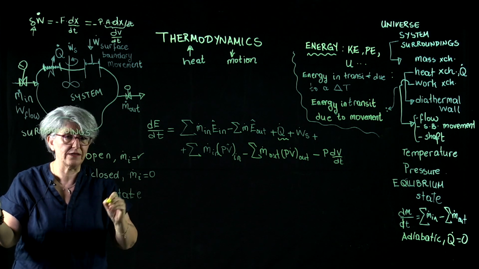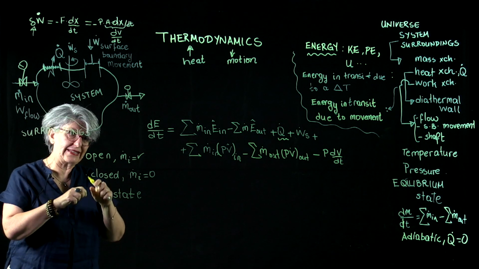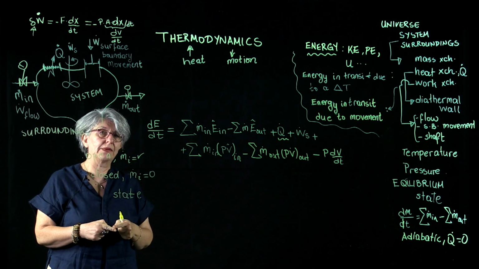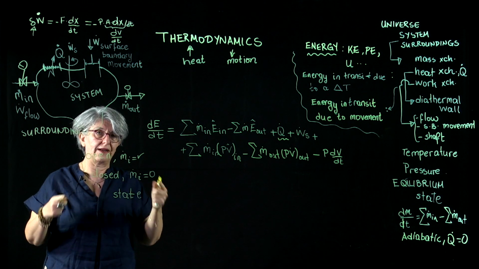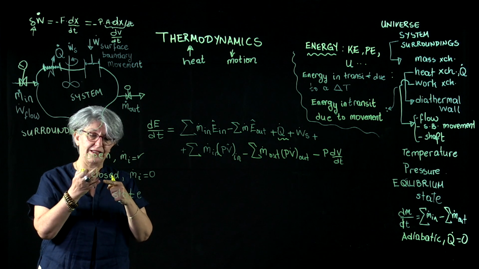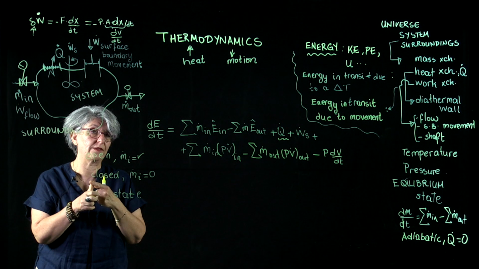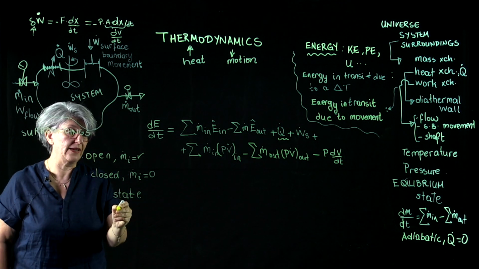State within the context of this course refers to the state of the system, not the state of aggregation. For the state of aggregation, such as liquid, vapor, solid, gas, or plasma, we will use the term phase.